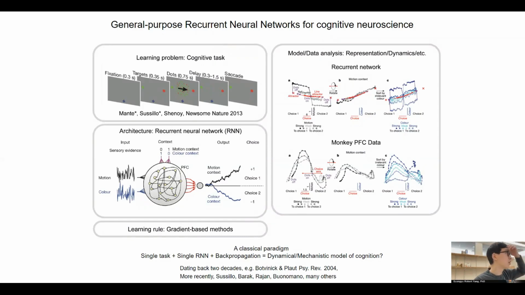So this is a pretty classical paradigm, I would say now. It's used in many studies. But today I'll mainly talk about the problem with that and how we need to move beyond it.